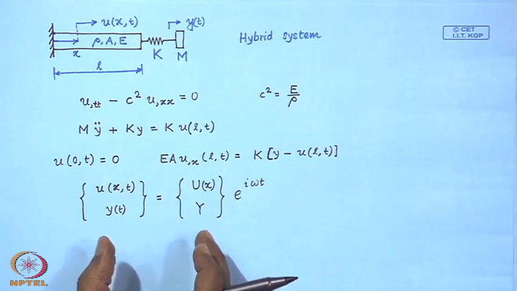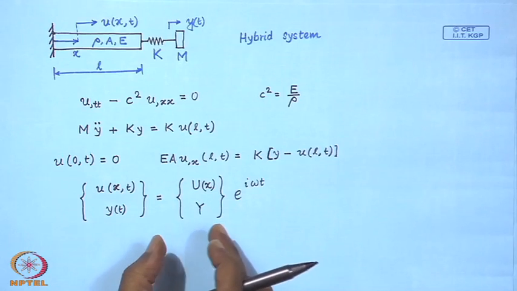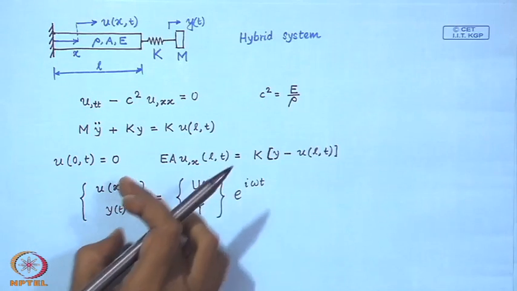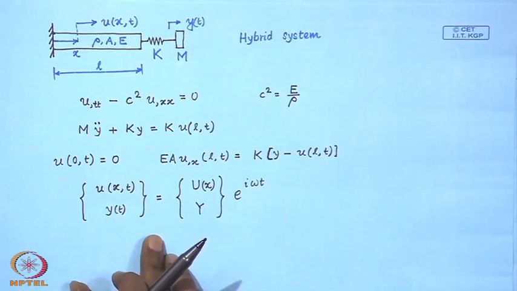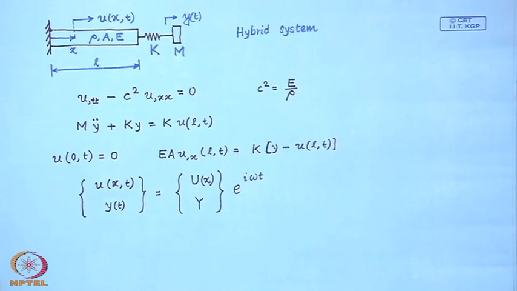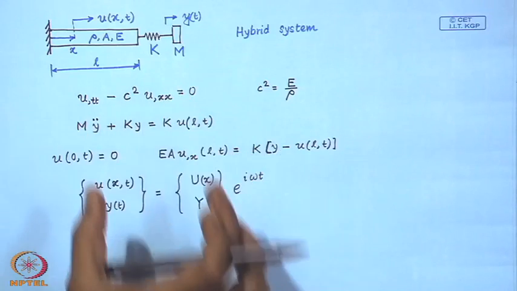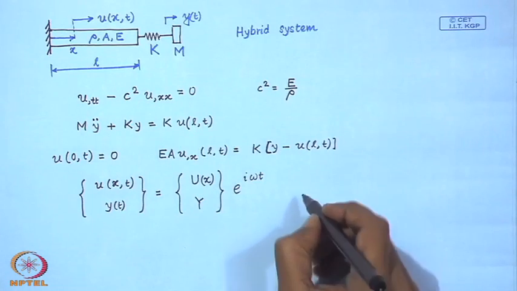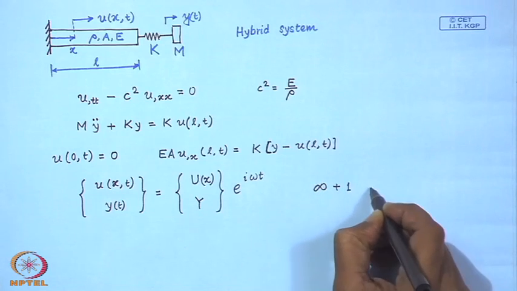Now, it may be mentioned that this vector that we are representing represents the configuration of the system in a dimension which is infinity plus 1.